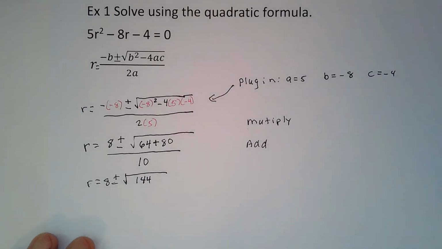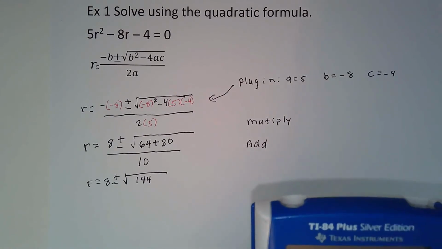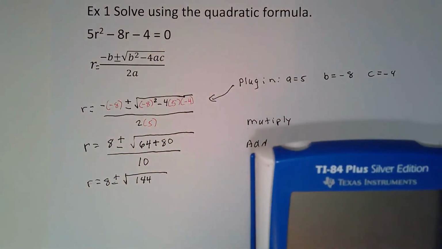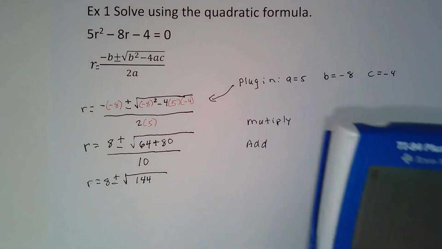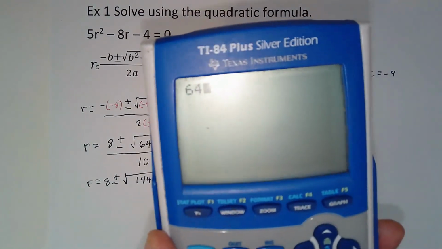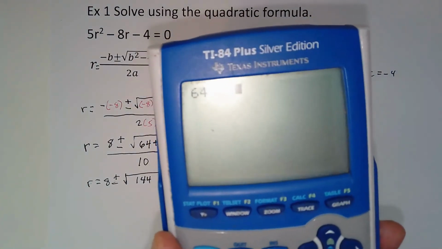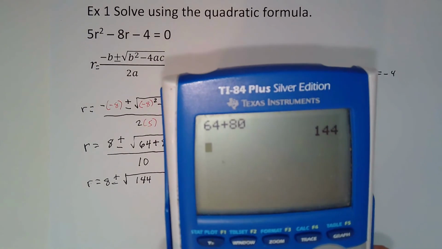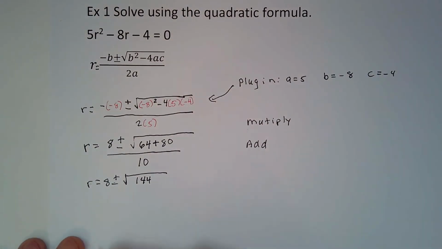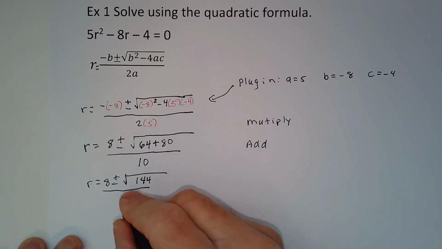If you are prone to error, or as you get along to some of the more complicated questions where you have positives and negatives, you're multiplying and things like that, bring in your graphing calculator. Go ahead and multiply or add as the case may be. So 64 plus 80, and you get 144. So make sure you use those tools if you need them. And this is divided by 10.